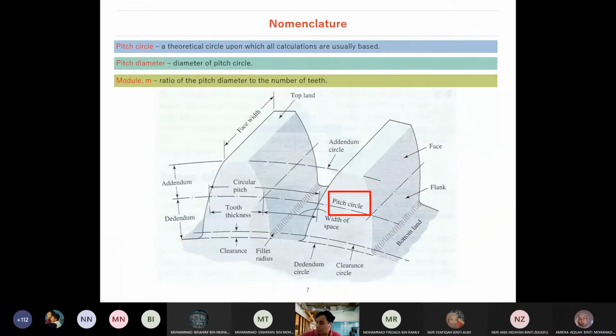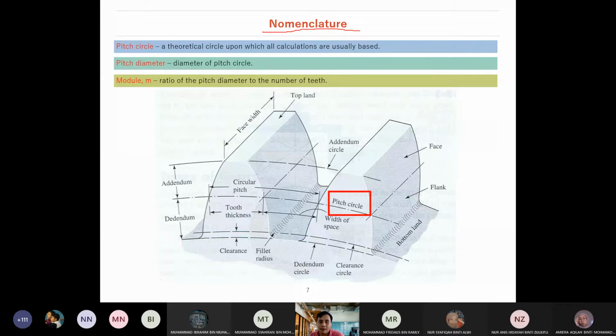This is very important. You must know the gear terminology, even though you are not designing the gears, because you will do some calculation. This is the nomenclature of the gears. There are a lot of words here that you need to remember.